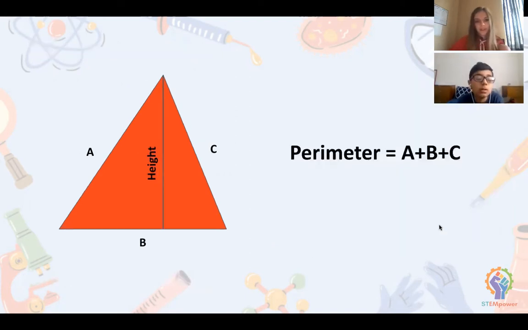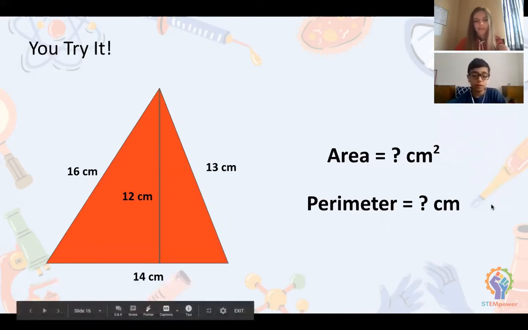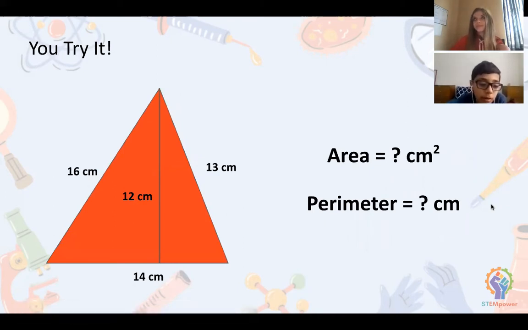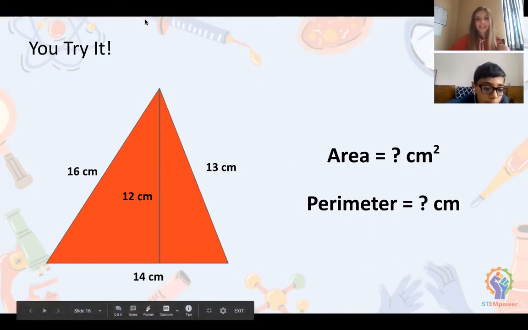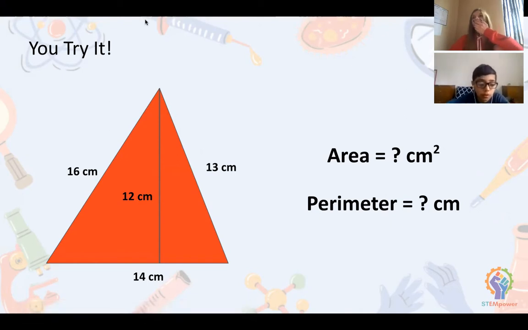Okay. So do you want to calculate the perimeter? Oh, and then the perimeter would just be adding up all the sides. Yes. So do you want to try calculating them? Okay, the area, let's see. So that, right, okay, so length times width, 16 times 14.